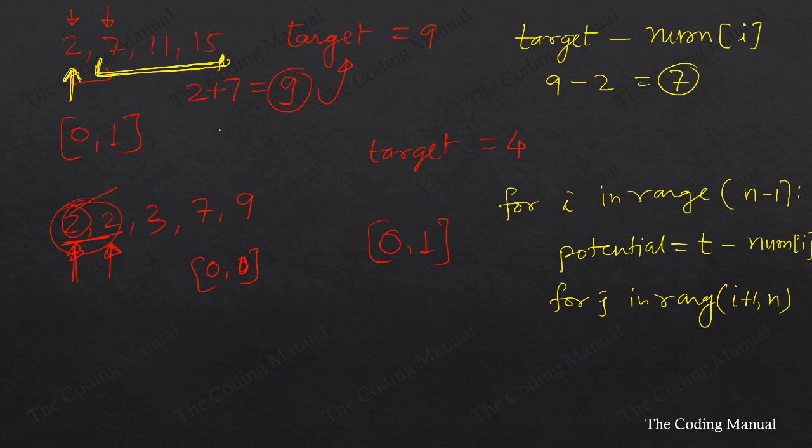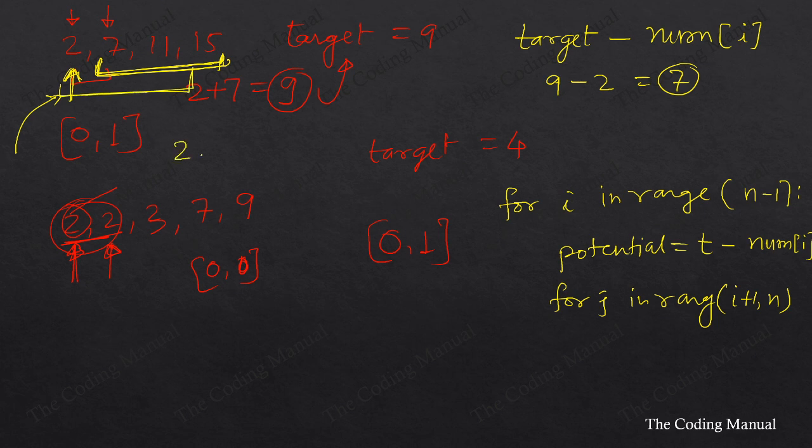Since it says we will have exactly one solution and each input will have a solution, I can go till this point.